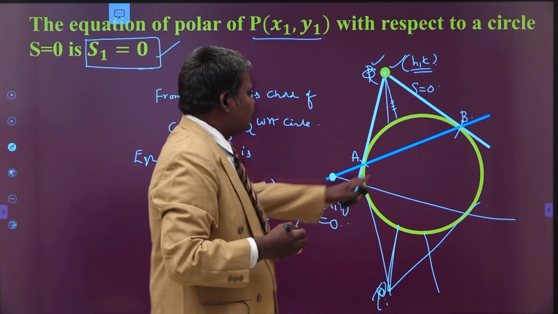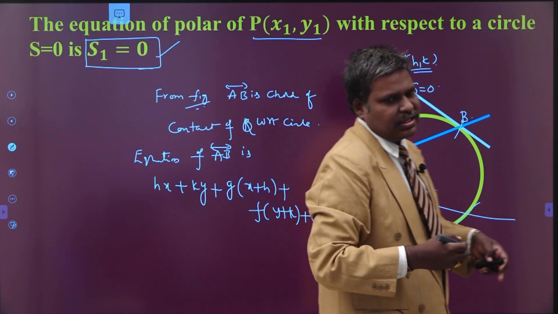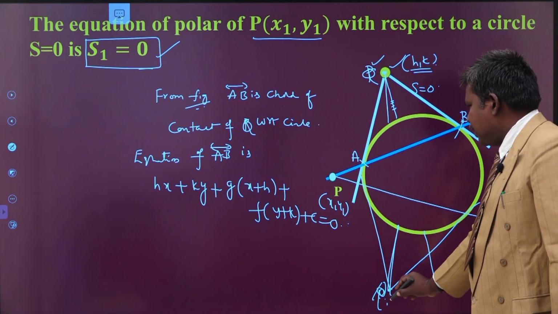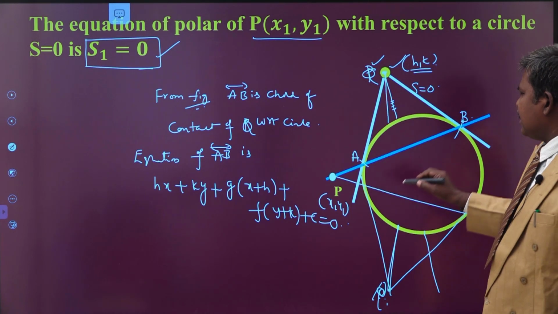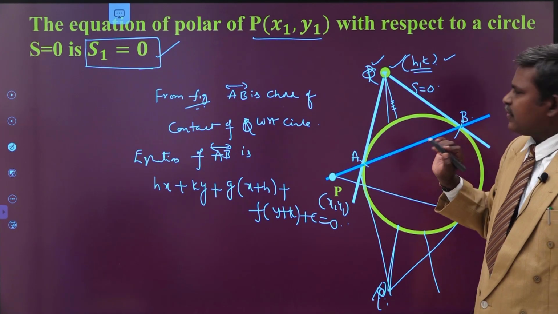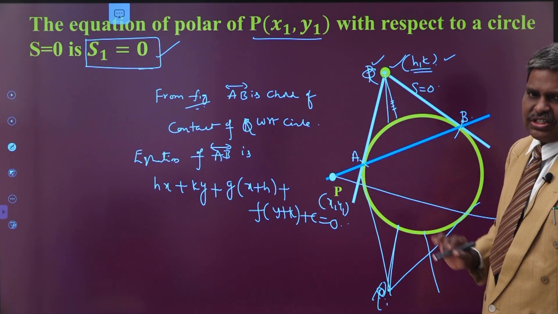Remember carefully, this is the chord of contact of that point Q (h, k) with respect to that circle. You write the equation of the chord of contact of the point (h, k) with respect to this circle. This is S1 equal to 0.